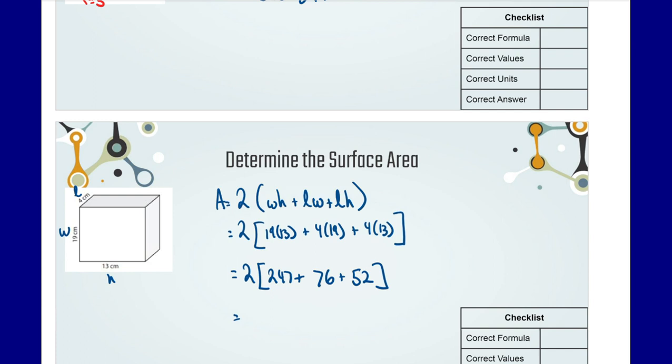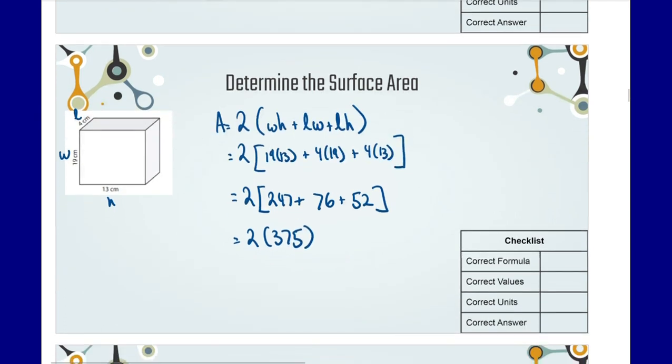You may have done this in fewer steps, which is fine. I'm just showing you step by step, just in case you want to follow along or make sure you're getting the correct answers. And in the end, we get 750 centimeters squared because we're dealing with area.